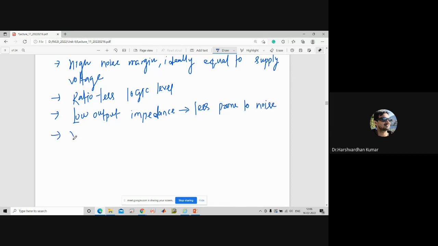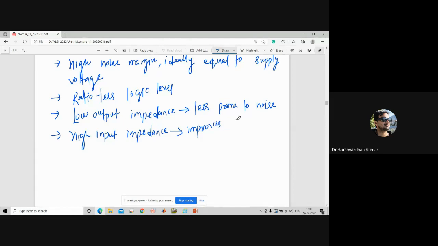After that, high input impedance, which means that it improves the fan out.